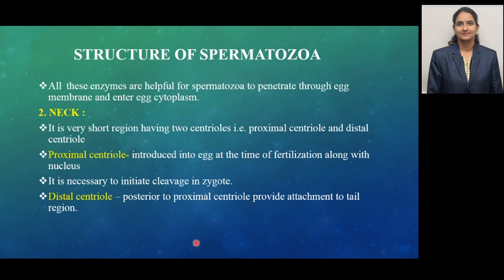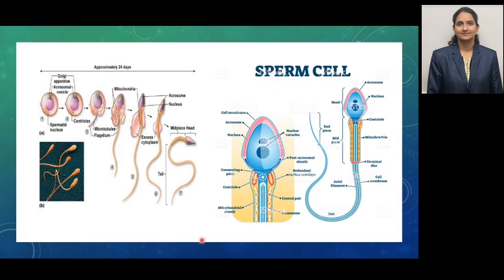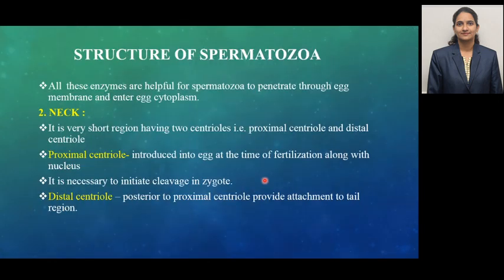Next part is the neck, which is a short region and has two centrioles, proximal centriole and distal centriole. Let's see, what is the centriole? See, this is the centriole. It has two parts, proximal centriole and distal centriole.